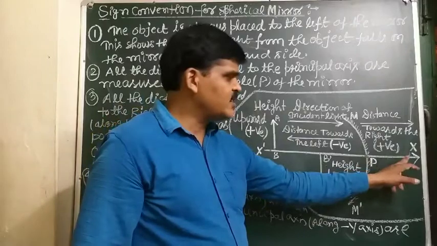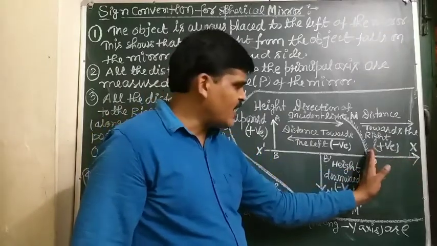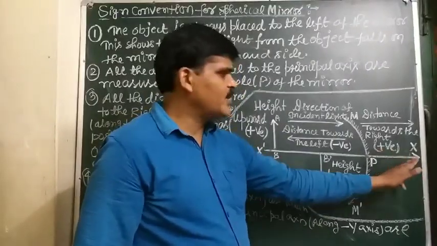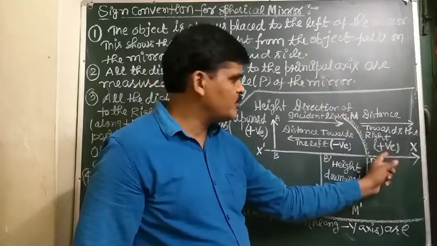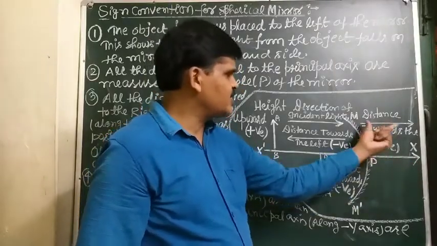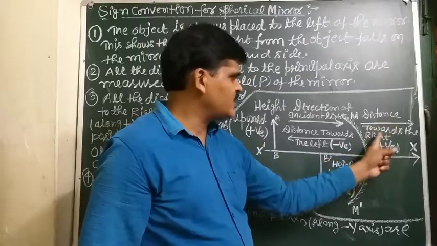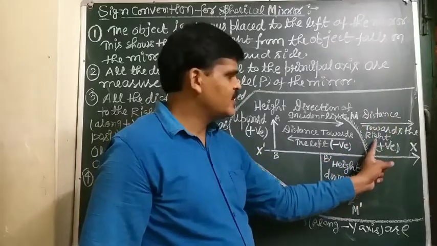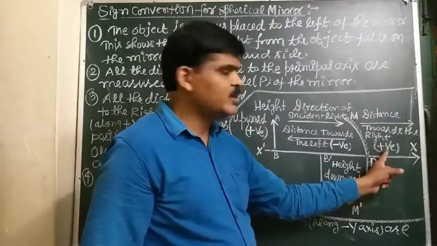All the distances measured on the right side of the pole of a spherical mirror are taken to be positive. This arrow shows distance toward the right side, which is taken to be positive.